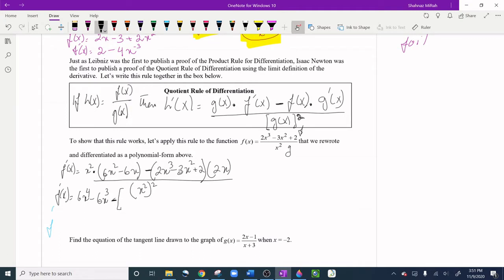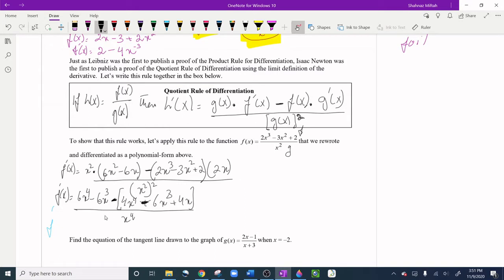I want to FOIL or distribute this 2x first, and then I'm going to distribute the minus sign because I don't want any mistakes. 2x and 2x cubed is going to give me 4x to the power 4, minus 3 and 2 is 6x cubed, positive and positive is 4x, and done. And in the bottom we still have that x to the power 4.